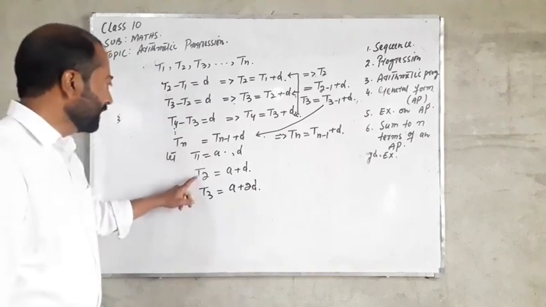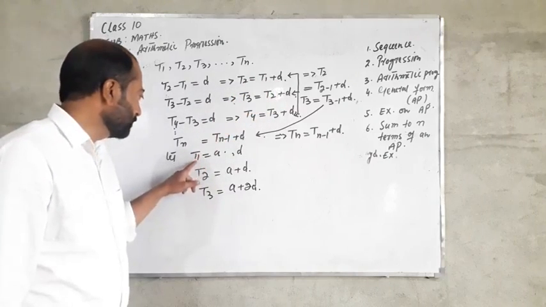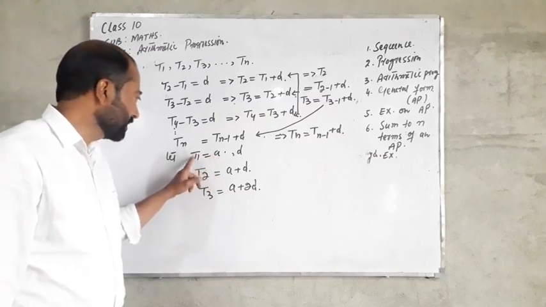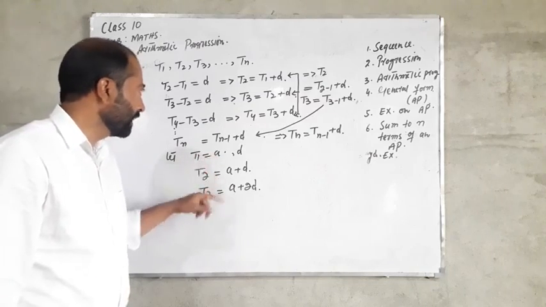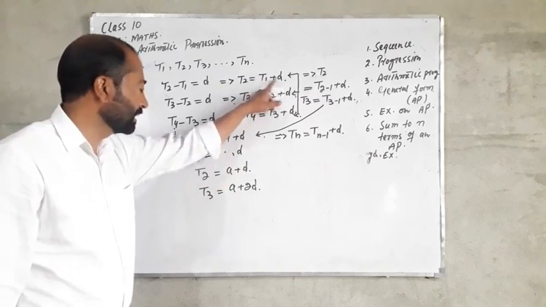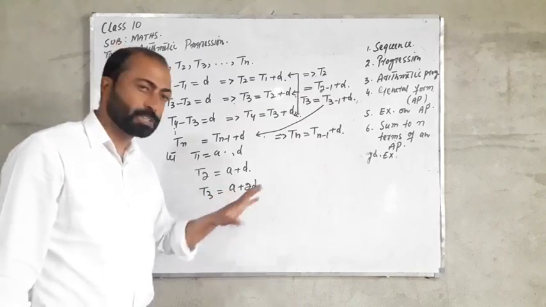Look at the fact that T2 is equal to T1 plus D. Simply you have to replace this T1 by A, as we have considered the first term of the AP as A. That means I am replacing this T1 by A, so it becomes A plus D. Similarly T3, I have written here as A plus 2D.